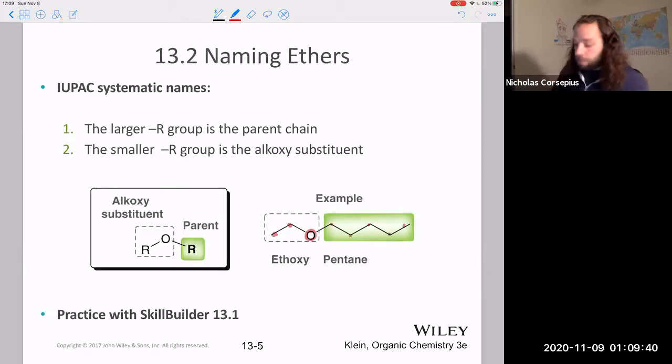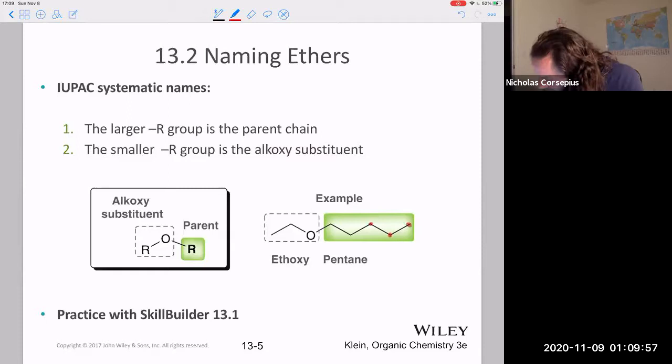So just like we did before when we're choosing our parent chain, the parent chain should be chosen as the longest contiguous set of carbons. So basically, you're going to look at your ether, you're going to look at which half's longer. That one's going to be the parent chain, and the other portion is going to be the substituent, okay?